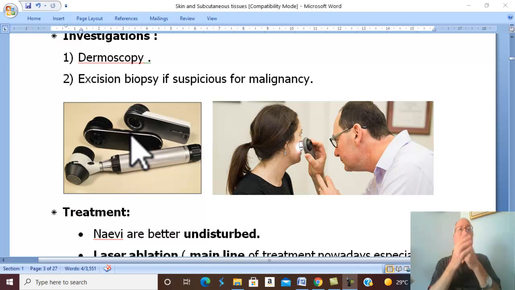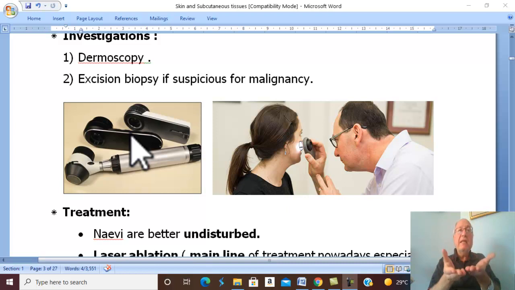Nowadays, we can treat nevi by laser ablation. This is the main line of treatment, especially cosmetically in the face. And there is another line of treatment, which can be used in any area except the face, which is surgical excision. Surgical excision is available and easy for any nevus in any area of the body.